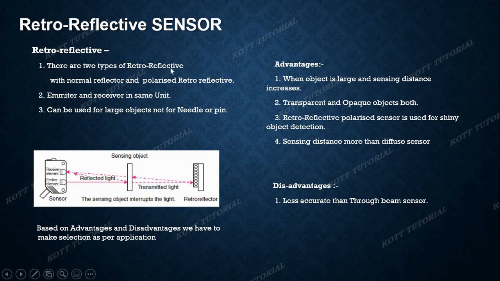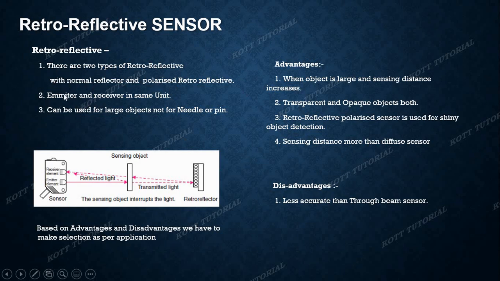In this retroreflective sensor we have two types, depending upon the reflector type: normal reflector type and polarized reflector type. I will explain all about the difference between the normal reflector and the polarized reflector.